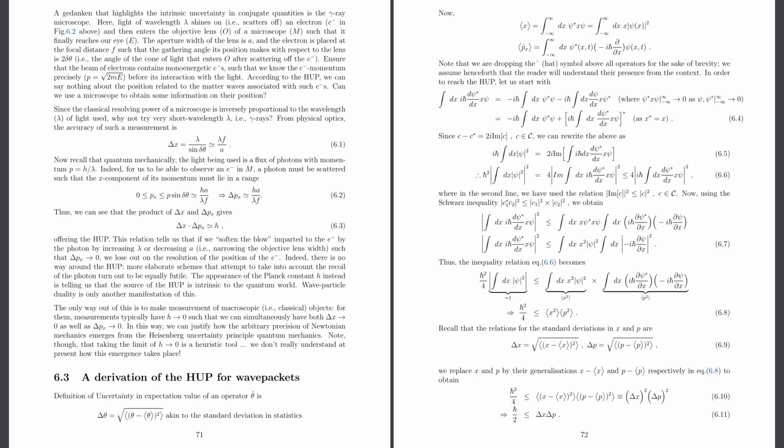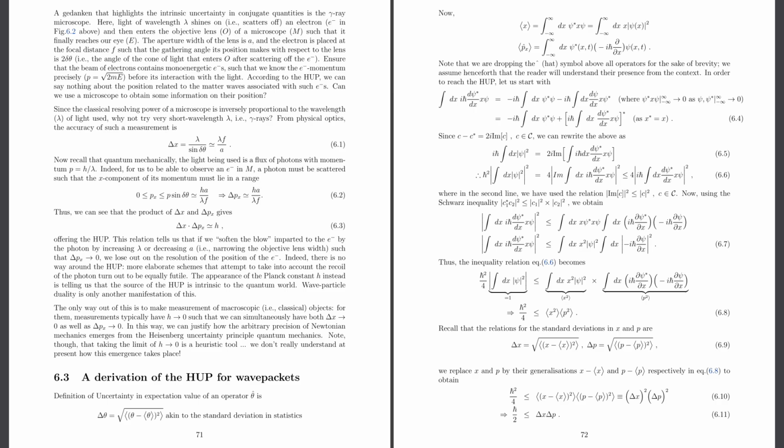Now, we can use the Schwarz inequality. We have this integral out here, and we need to recognize that I have 2 objects playing around. Remember, right in the beginning, we looked at this and said, yes, we have a position operator there, but we also have something that looks like a momentum operator. So the smart thing to do now is to realize that, if I use the Schwarz inequality, I should be able to say that this object is less than or equal to this object times this value.